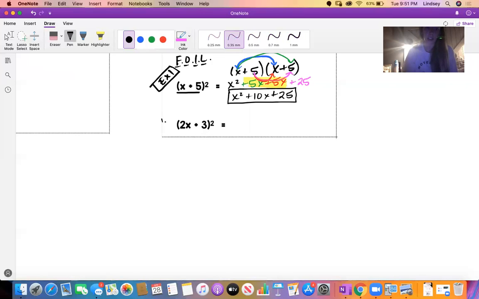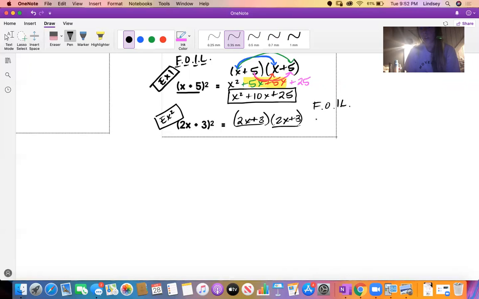All right, and then my last example for this one, I have 2x plus 3 squared. So that would be 2x plus 3 times 2x plus 3. I have two groups of terms, a polynomial times a polynomial. So we use the FOIL method.